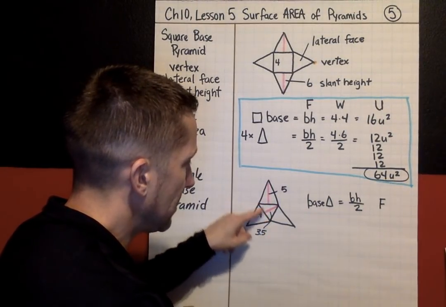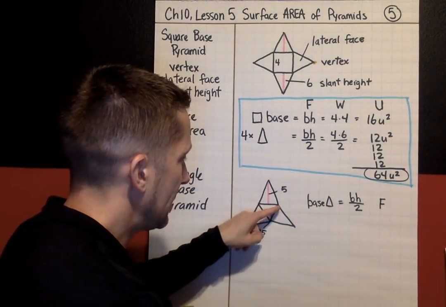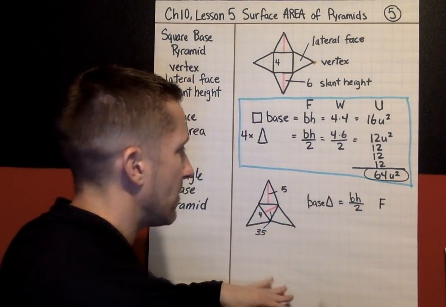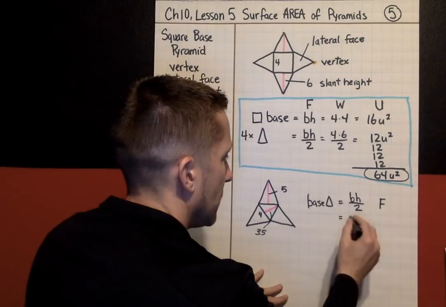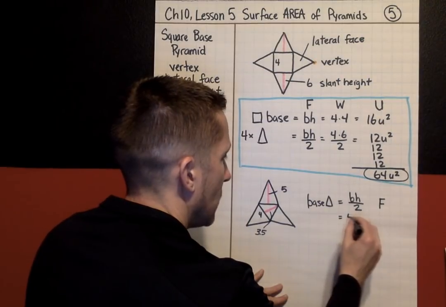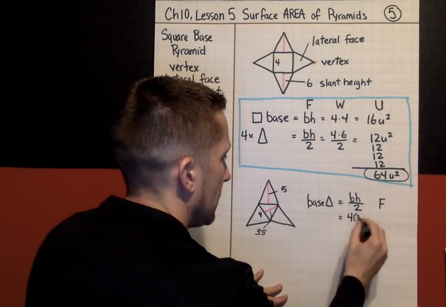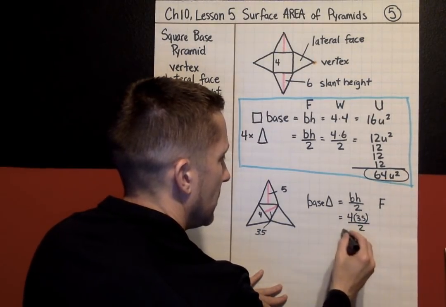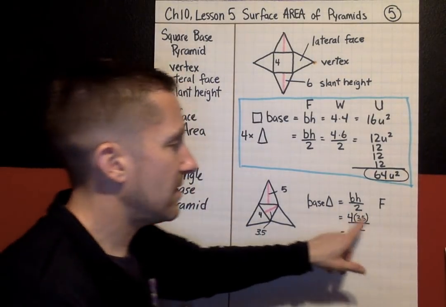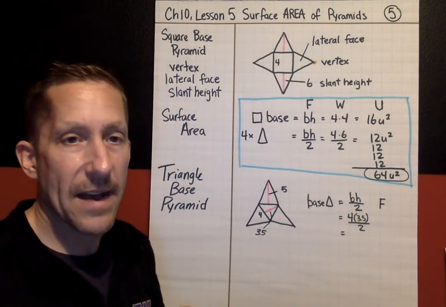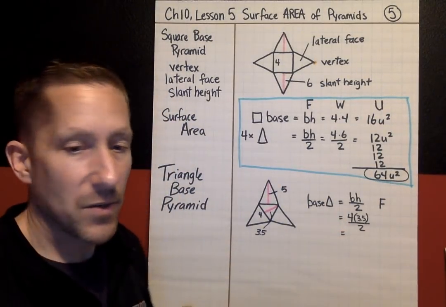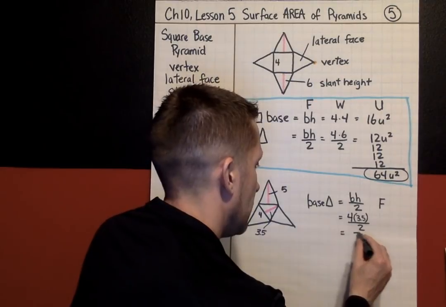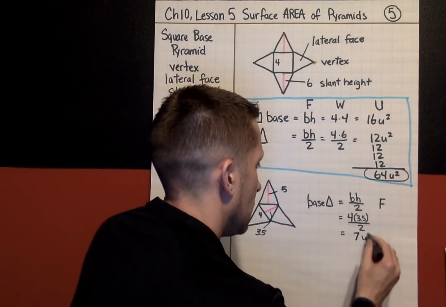This is the base of the base triangle, this 4. The height is 3.5. So I'm going to plug in those numbers. I've got 4 times 3.5 divided by 2. So when I type all of that into the calculator, 4 times 3.5, and I divide that answer by 2, I come up with 7 units squared.